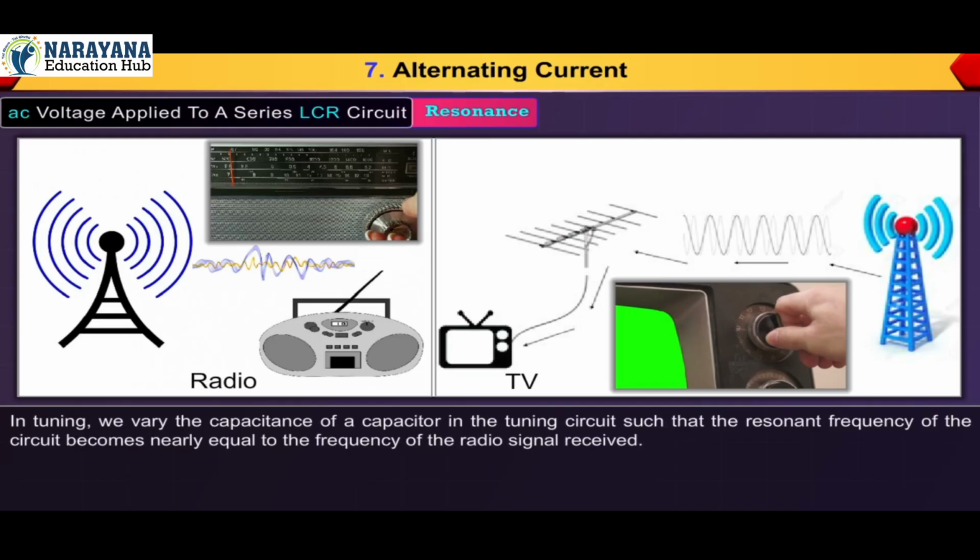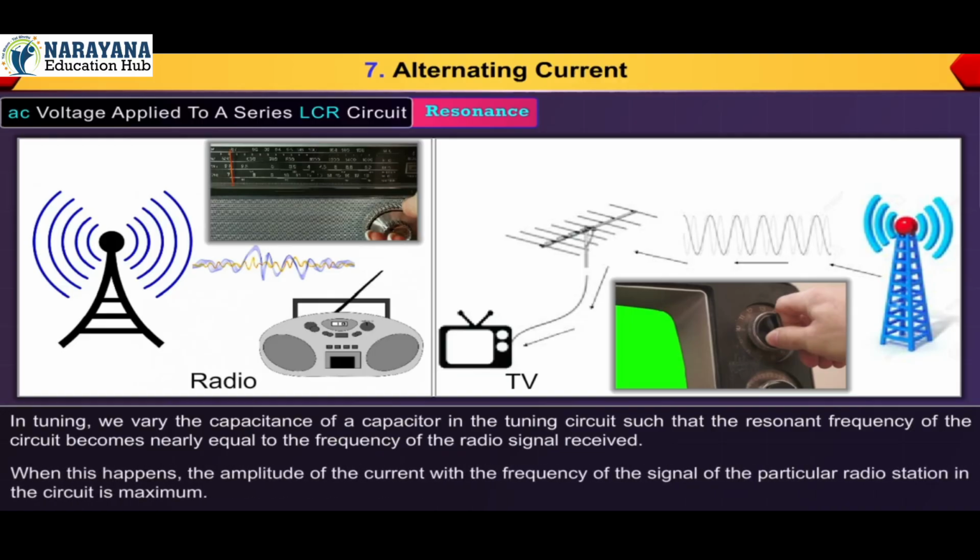In tuning, we vary the capacitance of a capacitor in the tuning circuit such that the resonant frequency of the circuit becomes nearly equal to the frequency of the radio signal received.